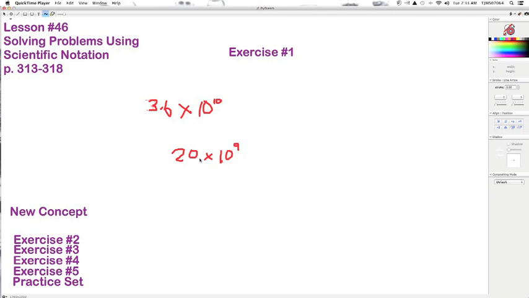So we have to move this from here to here, and we change that to 2.0 times 10 to the 10th. Okay. Remember, when we're looking at scientific notation, one numeral in the coefficient. Let's jump over to example 2.